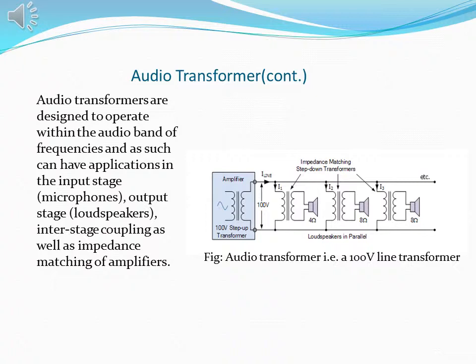Here the amplifier uses a step-up transformer to provide a constant 100 volt transmission line voltage at reduced current for a given power output. The loudspeakers are connected together in parallel, with each speaker having its own impedance-matching step-down transformer to reduce the secondary voltage and increase the current, thereby matching the 100 volt line to the low impedances of the loudspeakers.